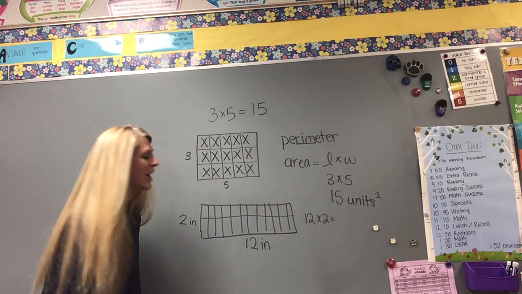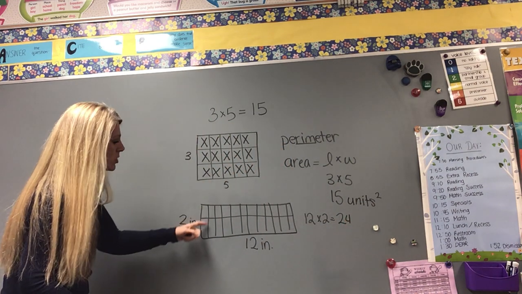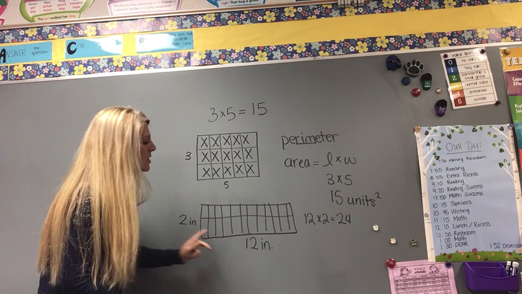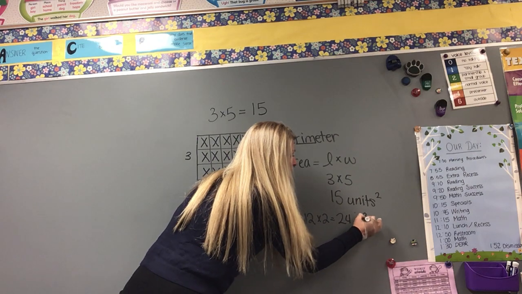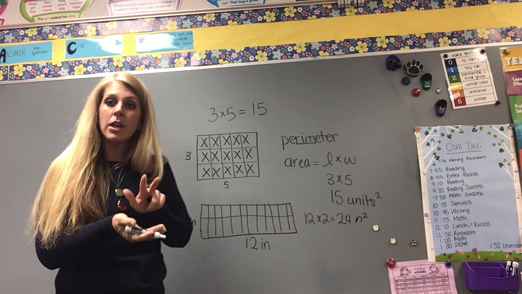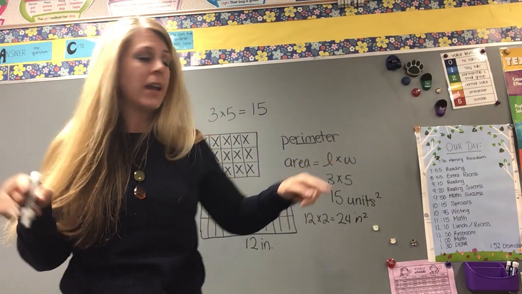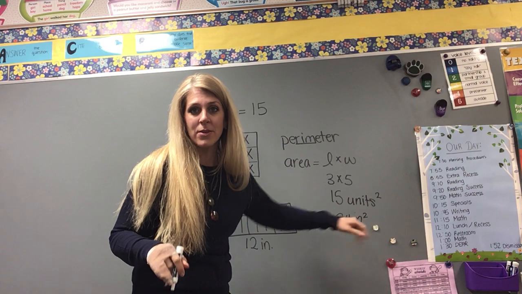Say it. Hopefully you said 24, okay? It would take 24 of these squares to fill up this rectangle. So I'm going to put my label on there, 24 inches squared. I'm talking about the space inside, not just a straight line, so I want to make sure I know that they are square units, okay?